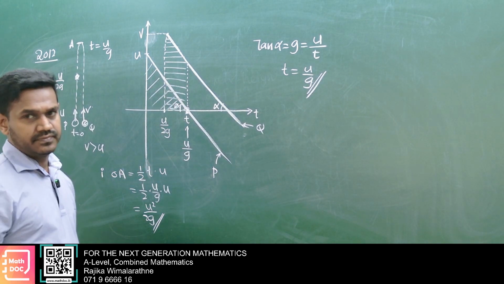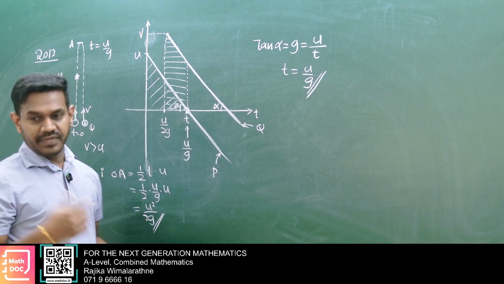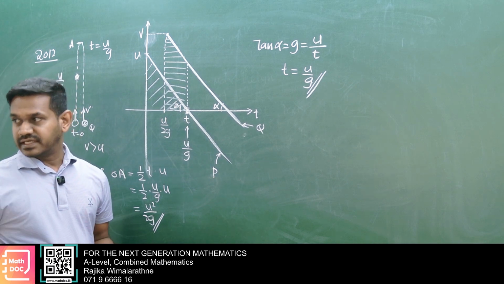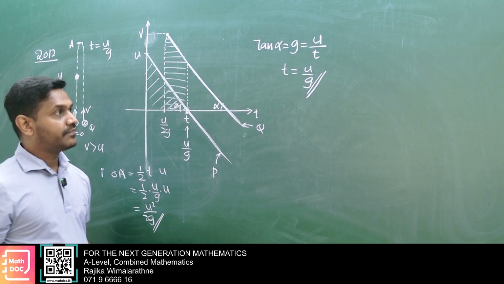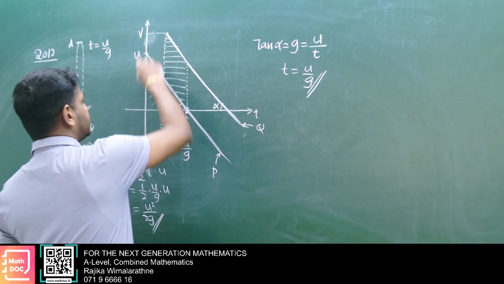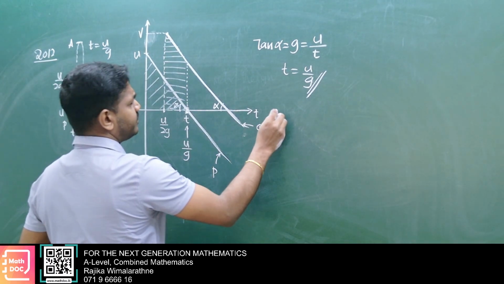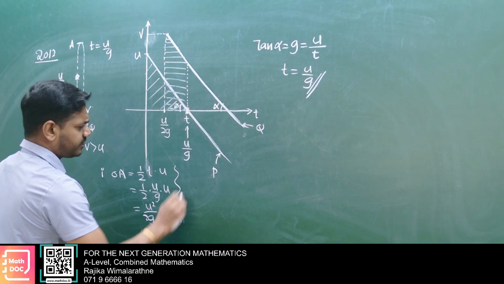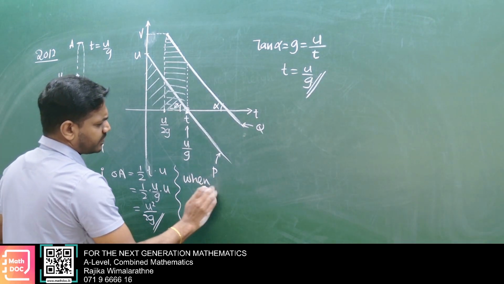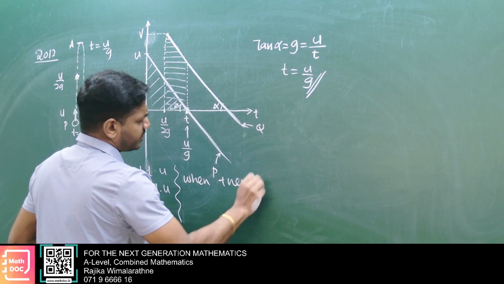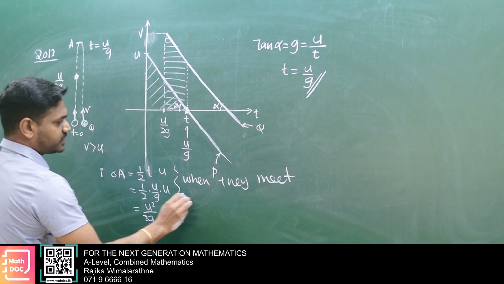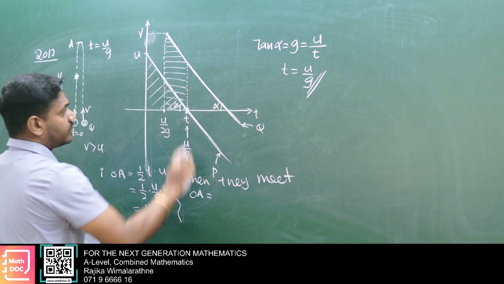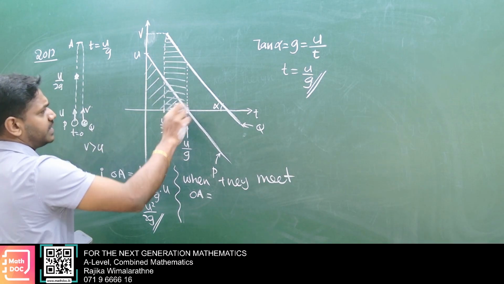When they meet, they start at the same point. Therefore, when they meet, their displacement must be the same, no? So you consider this area, that is OA. Here again this shaded area is the same.